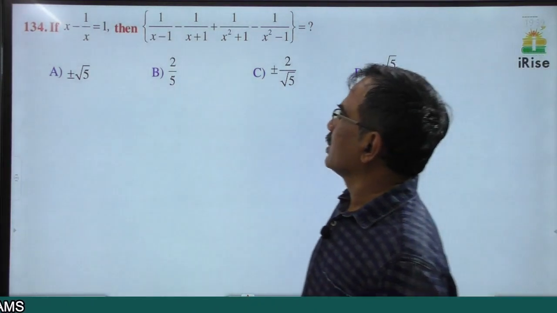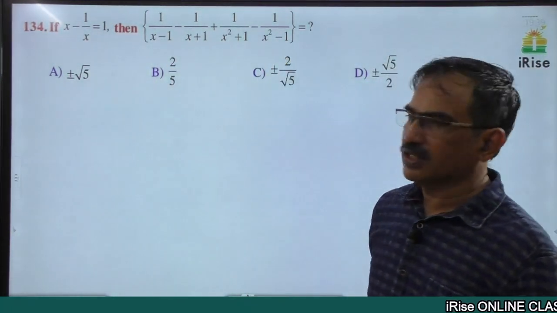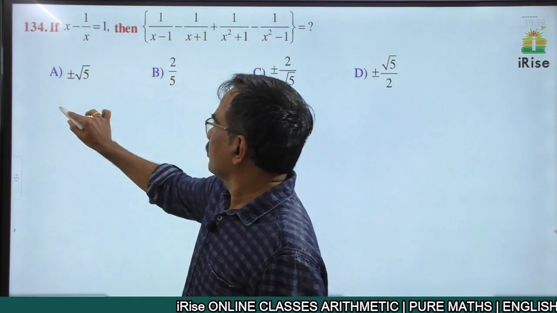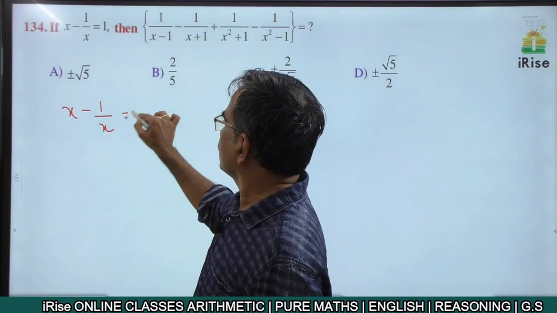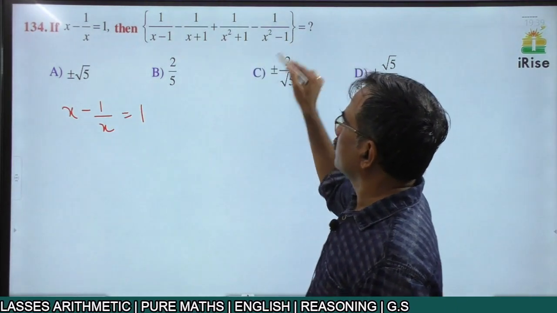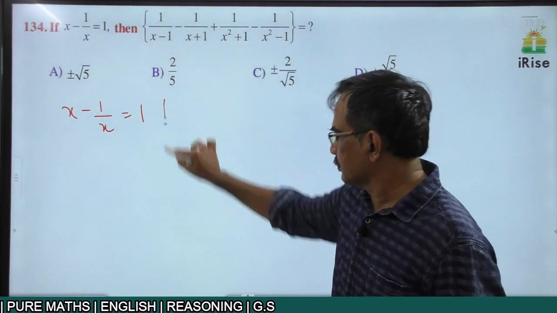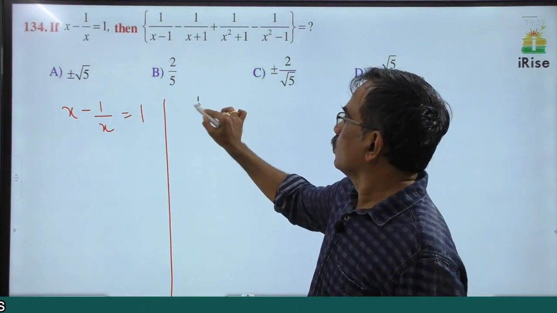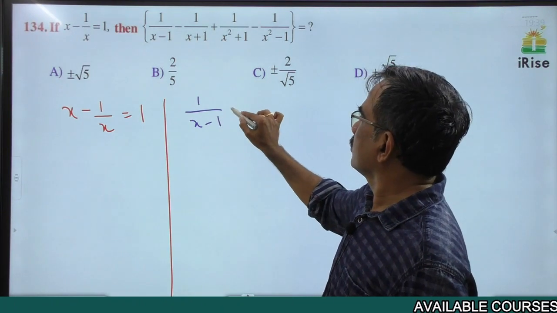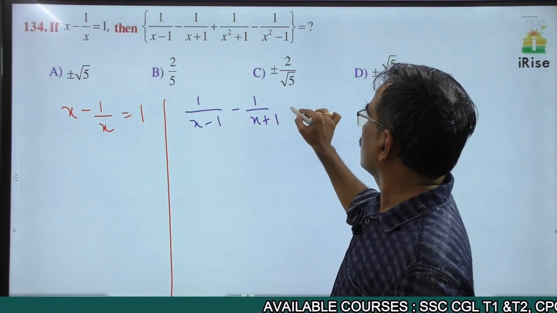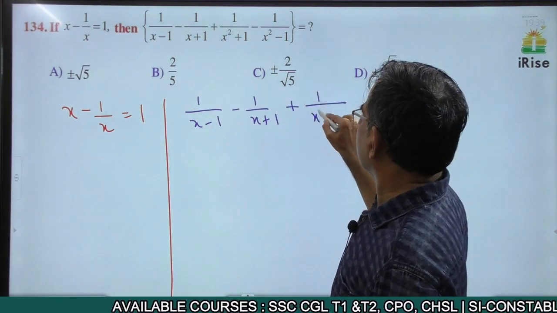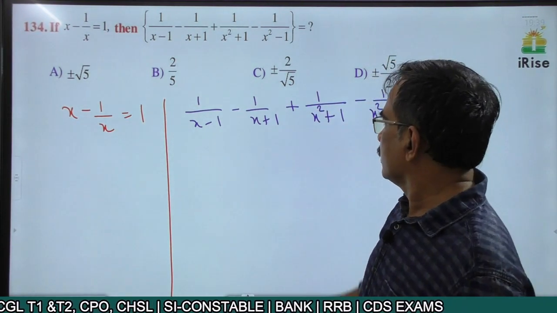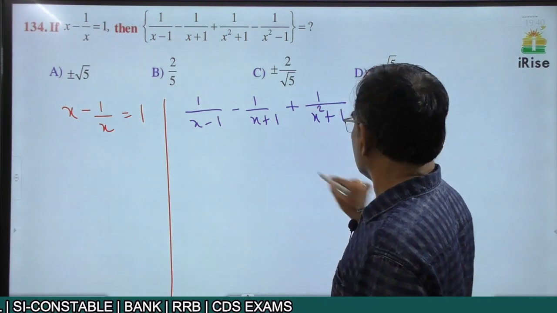If x minus 1 by x is 1, what is the value of this expression? Here I want to write the question as 1 by x minus 1, minus 1 by x plus 1, plus 1 by x square plus 1, minus 1 by x square minus 1. First I want to simplify these two.